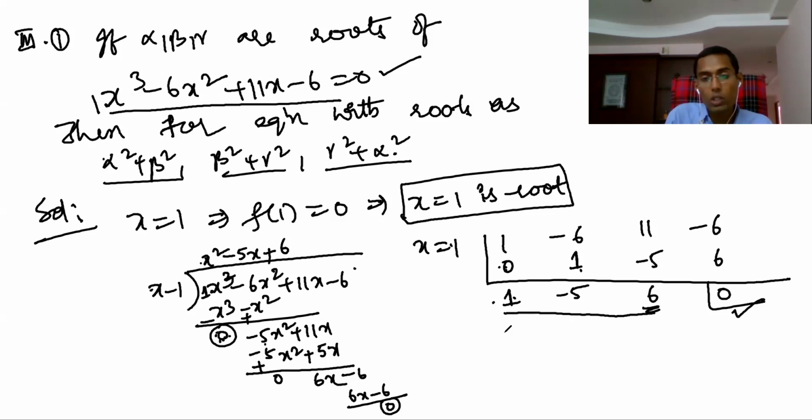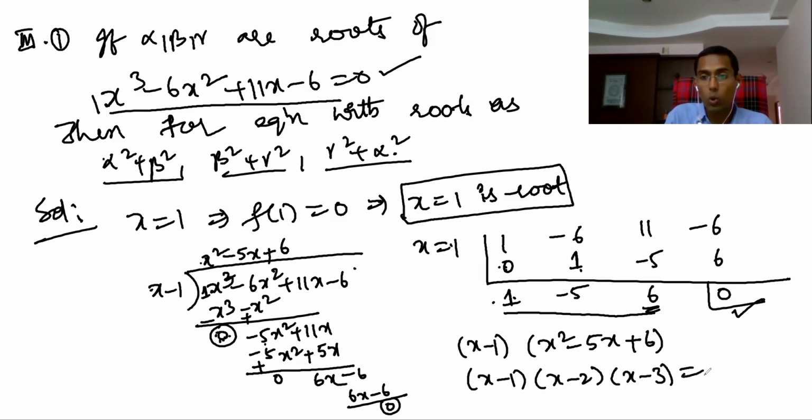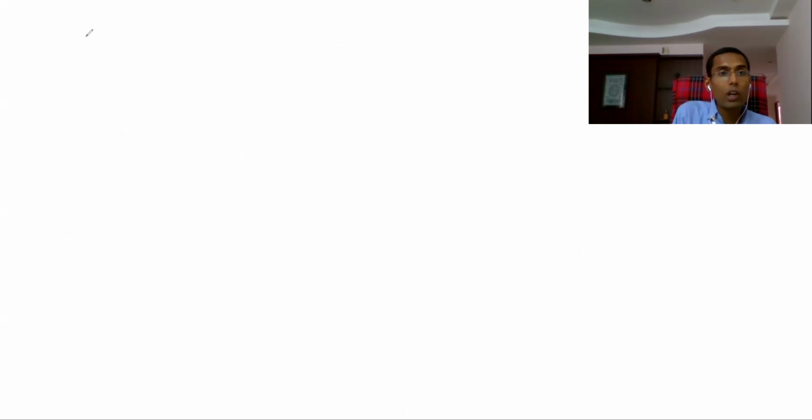So what is the quotient here? x minus 1 into x square minus 5x plus 6, and this is the remainder, because this is a factor, therefore remainder you get is 0. So this one into x minus 1 into x minus 2 into x minus 3 equal to 0. Obviously alpha is 1 you got, beta is 2 you got, gamma is 3 you got.